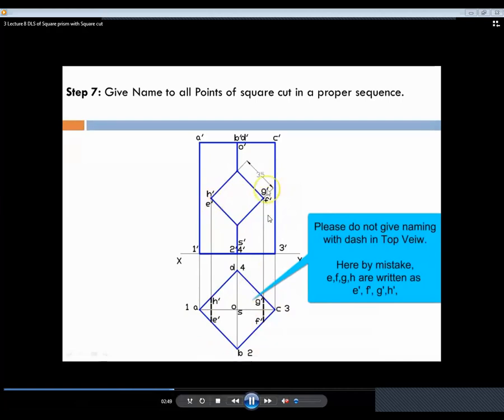In top view, if it is drilled, then the projections of G dash, F dash, E dash, H dash should be dotted lines.